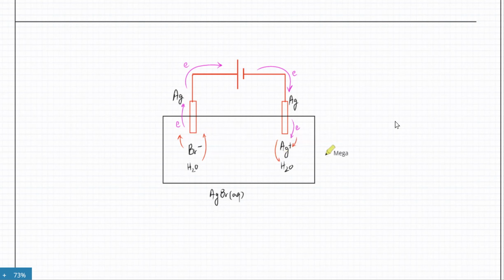So quickly I'm going to try and look for equations. Now remember, if this is made from silver, then you have to take that into consideration as well, because you've got an option where silver could also gain electrons. So I'm going to look for equations where silver gains electrons or water gains electrons.